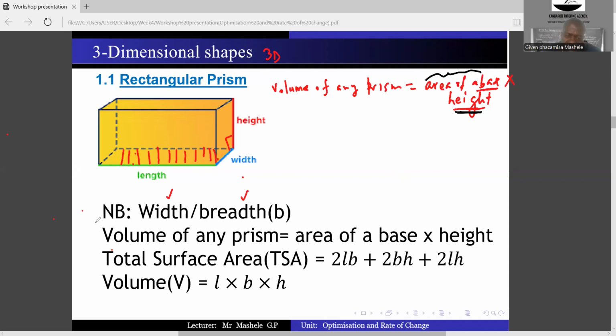Ladies and gentlemen, this is one of the easiest here. To determine the total area, we want to know what is the area that is enclosed by, like the area of this box or the total area of this box.